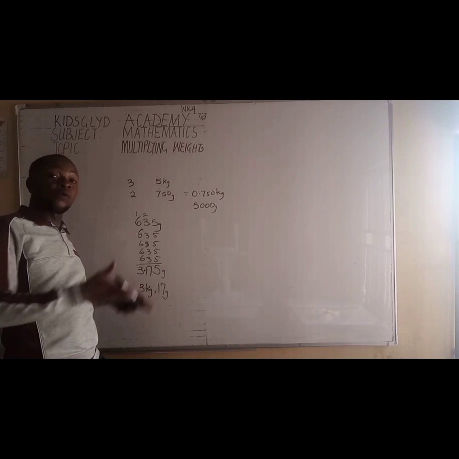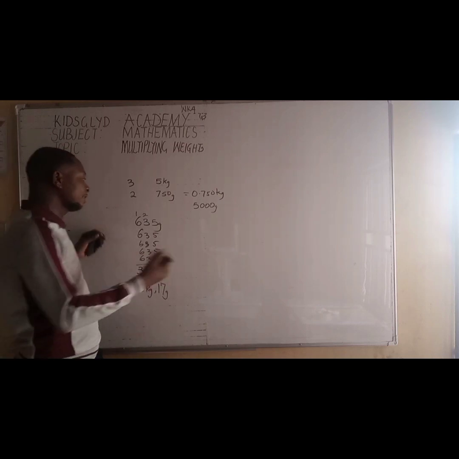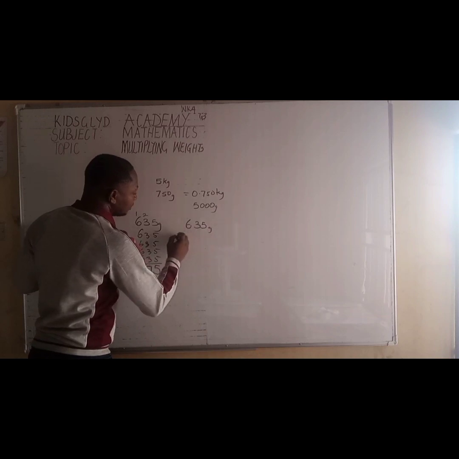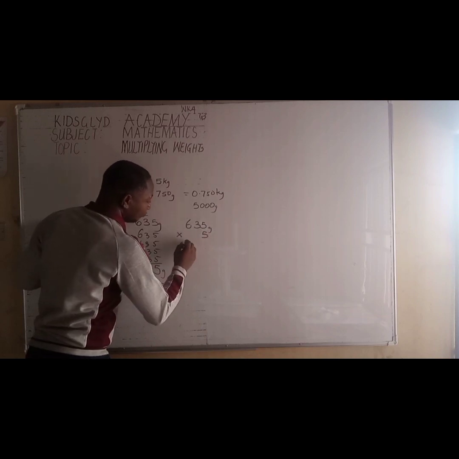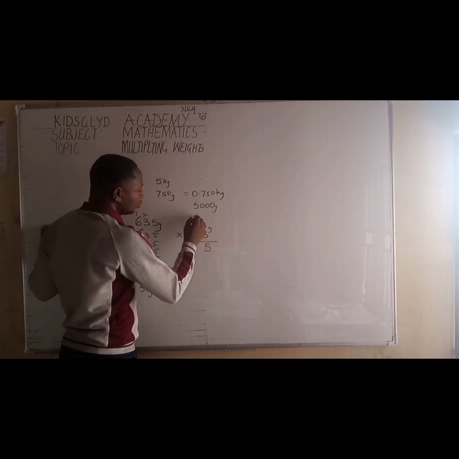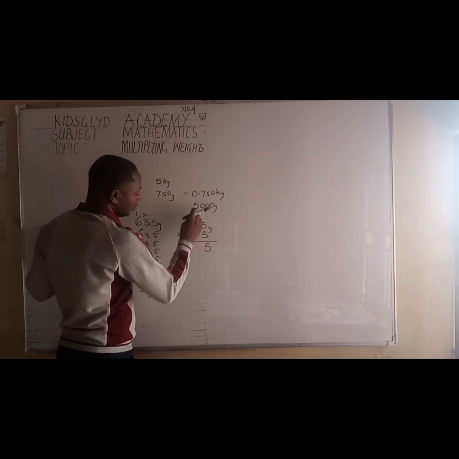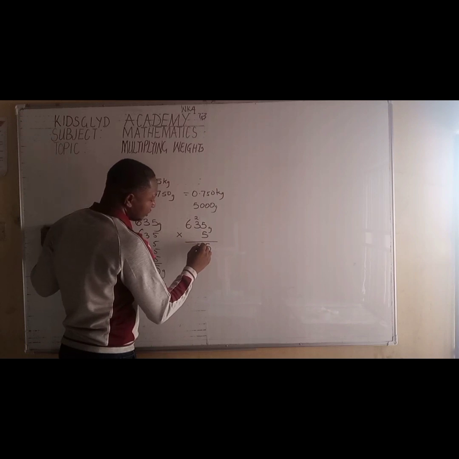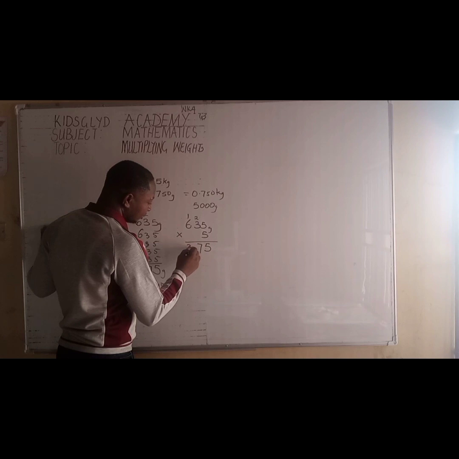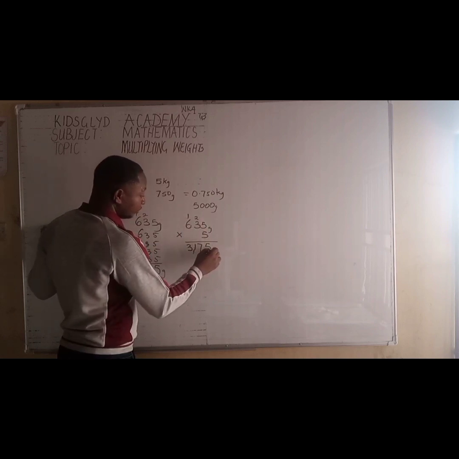If you think this one will waste your time, waste your ink, you can say, okay, 635 grams multiplied by 5 of those materials. You say 5 times 5 is 25. Write your 5, carry 2. 5 times 3 is 15 plus 2 is 17. Write your 7, take 1. 5 times 6 is 30 plus 1, 31, so 3,175 grams.